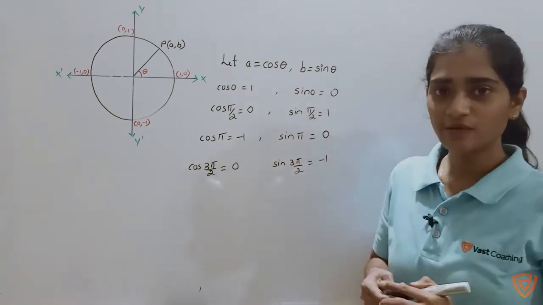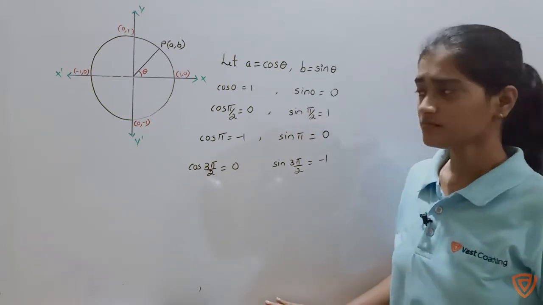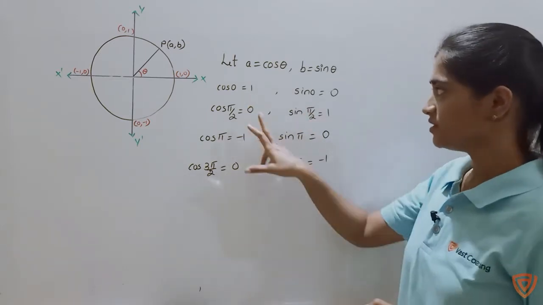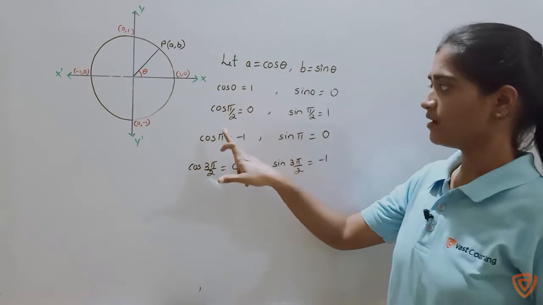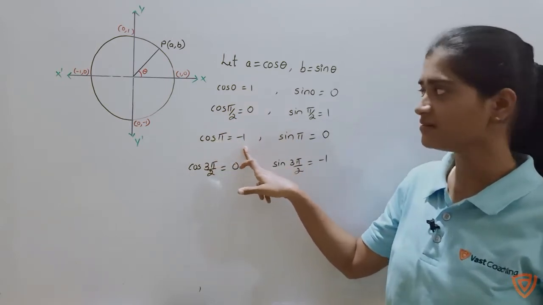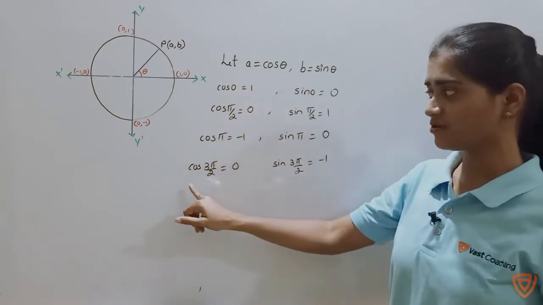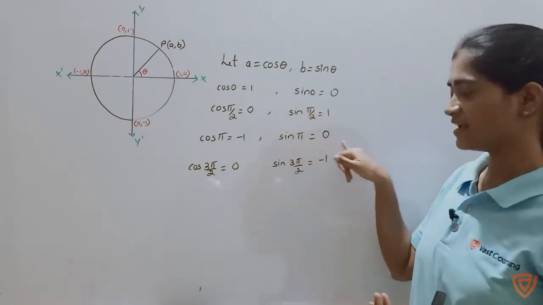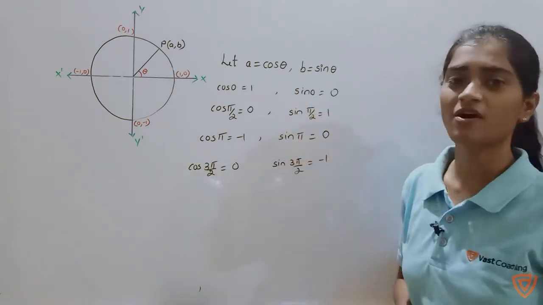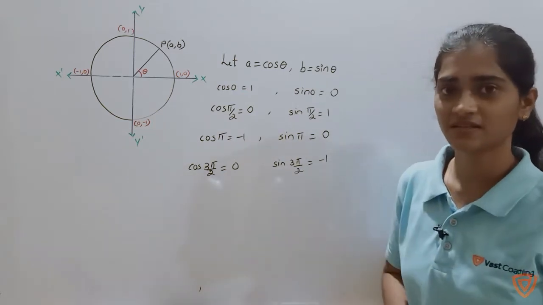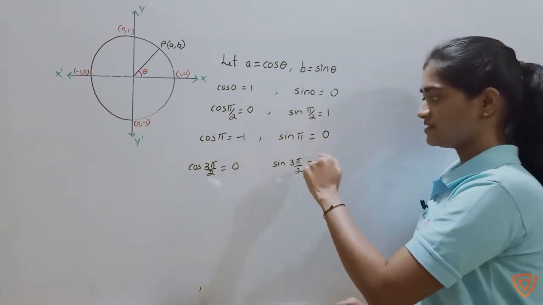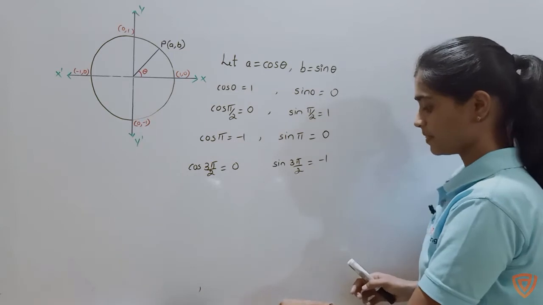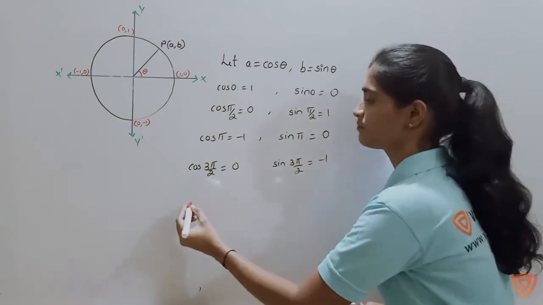Dear students, can we conclude something out of here? Look at these values. Cos 0 is 1, cos pi is minus 1, cos pi by 2 is 0, cos 3 pi by 2 is 0, sin 0 is 0, sin pi is 0. Can we make out something from this? Can we conclude this?